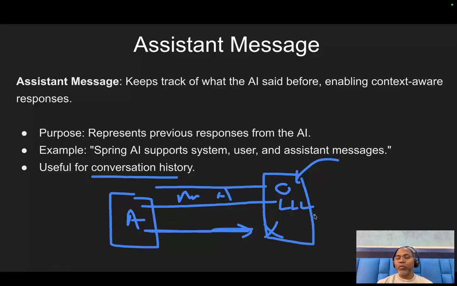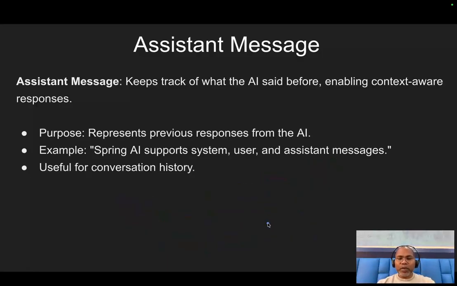The LLM doesn't know. So somehow you have to maintain both the question and answer, and if you combine them with the new question, what is my name, into a prompt and send it again to the LLM, then the LLM is aware, your name is this.